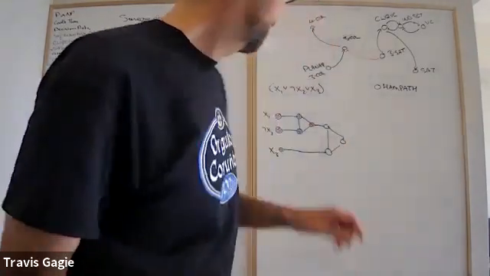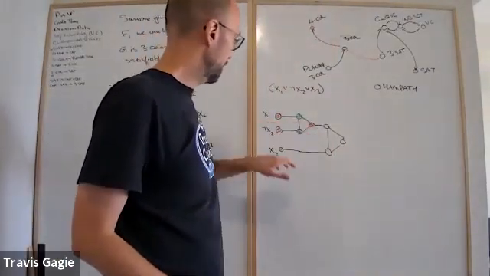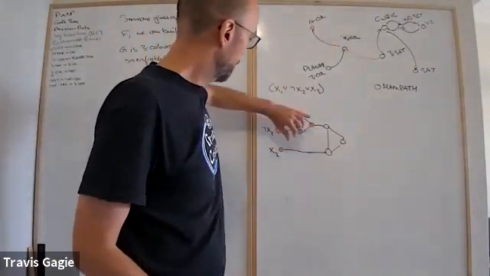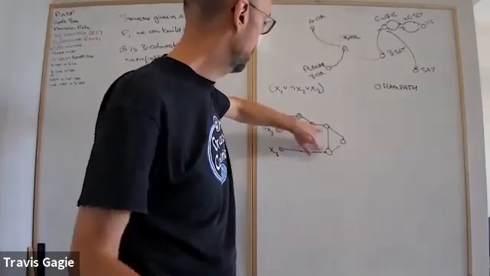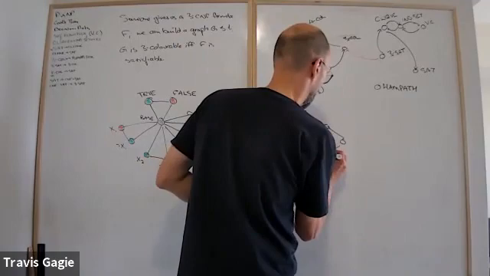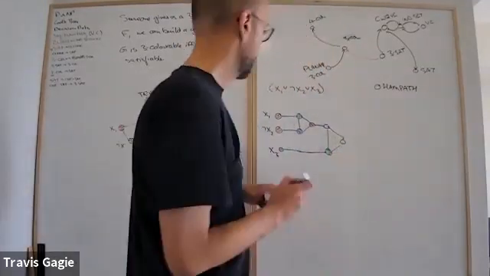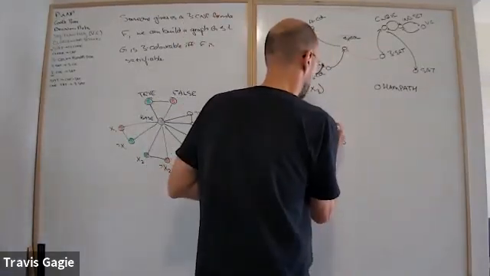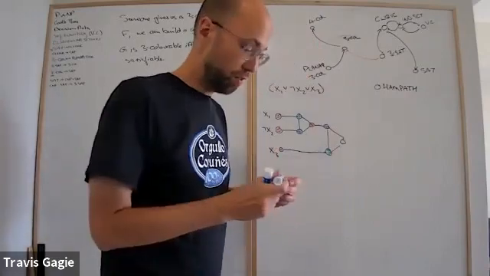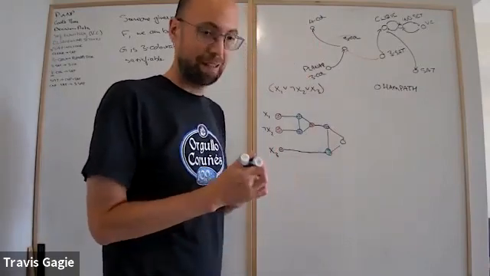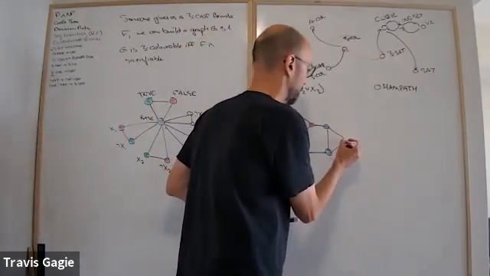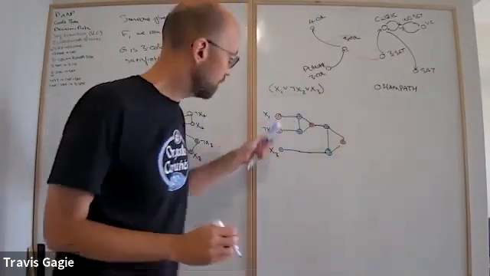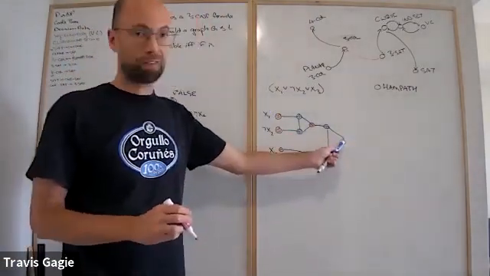Okay, so if this is false and this is false, one of these has to be true and one of these has to be base. Let's just reverse the order for fun. And that means this has to be false. Right? So if these are all false, this has to be false.